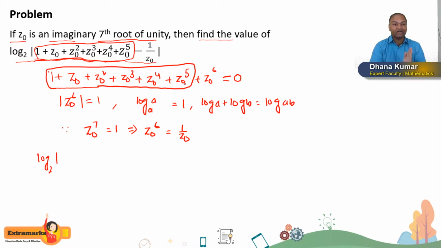Plus Z0 power 6, you shift this side, it becomes minus Z0 power 6. Remaining is minus 1 by Z0. But 1 by Z0 is equal to Z0 power 6.